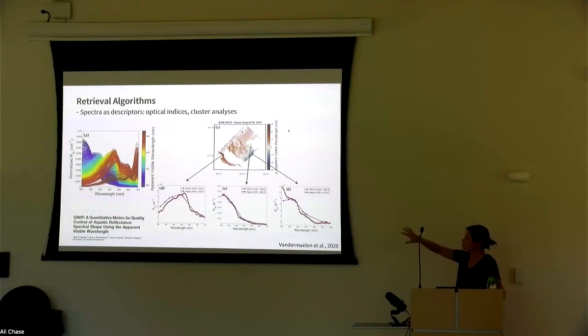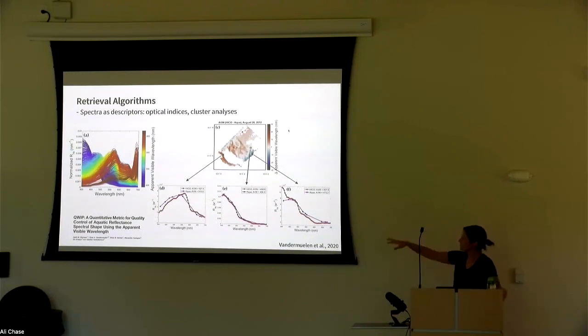This is an approach that uses all the wavelengths of hyperspectral data to classify different spectra. It's like an integration under the curve to find the apparent visible wavelength of each spectrum, but where the value of the wavelength is not important.